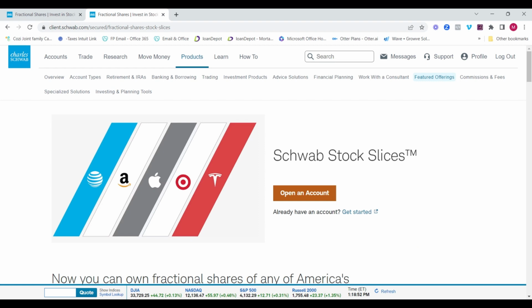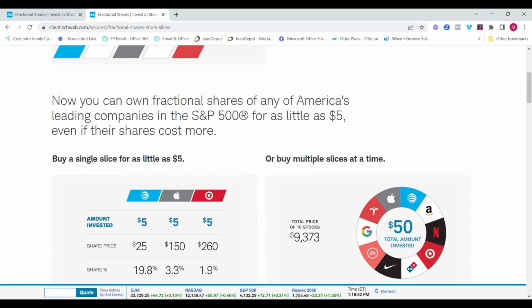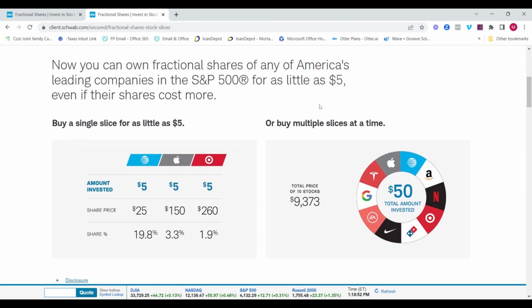Schwab Stock Slices gives you that convenience. You can order or own fractional amounts of a share. They just have to be S&P 500 companies, and you have to cover at least $5 per stock.